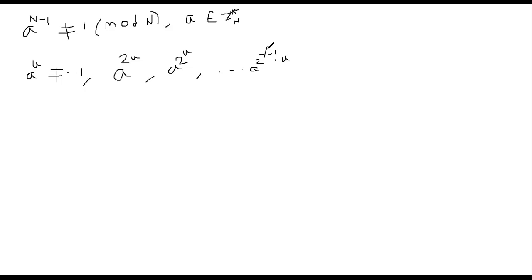Just to be clear, this is 2u, 2 square u, so every term is the square of the preceding term. We want all of these elements to be not equal to minus 1. Then we claim that A is a strong witness for n being composite.